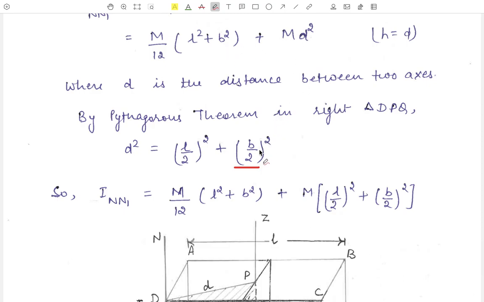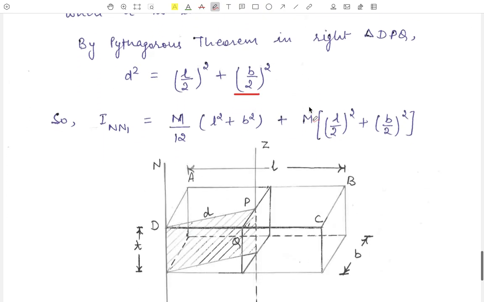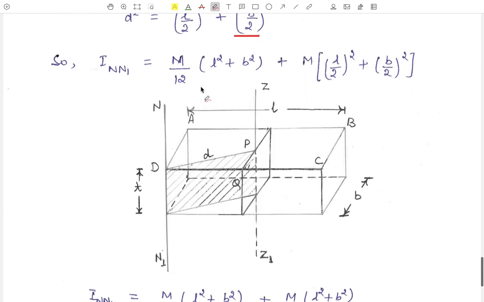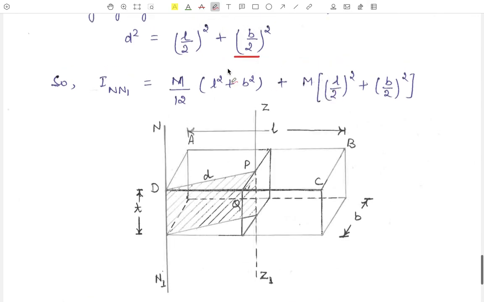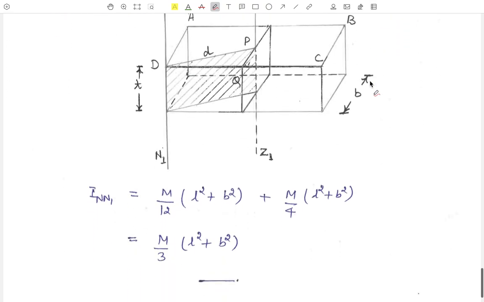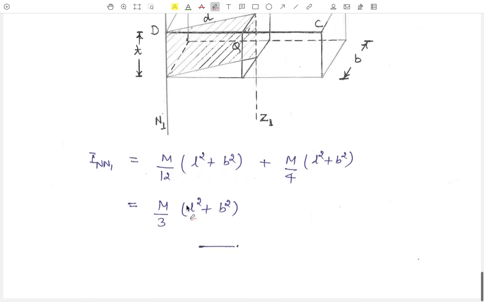Using the value of d in this expression, we get I n1 is equal to m upon 12 L square plus b square plus m into L upon 2 square plus b upon 2 square. Using this value of d square here, upon calculations, we get I n1 to be equal to m upon 3 L square plus b square. This is the required result.